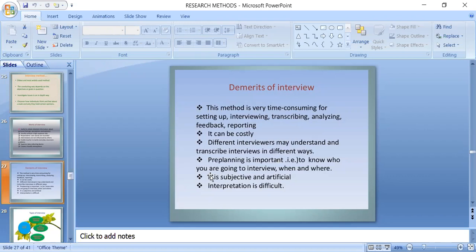So you have to pre-plan the interview. It is subjective and artificial. Subjective means it varies from person to person, and artificial means that you have already prepared questions. You are just limited to asking the questions you have prepared. And repetition is difficult because of individual differences.